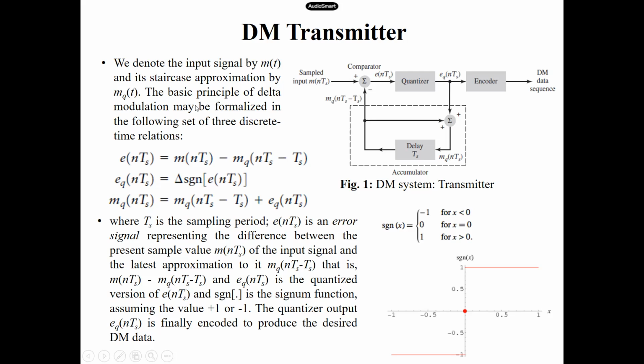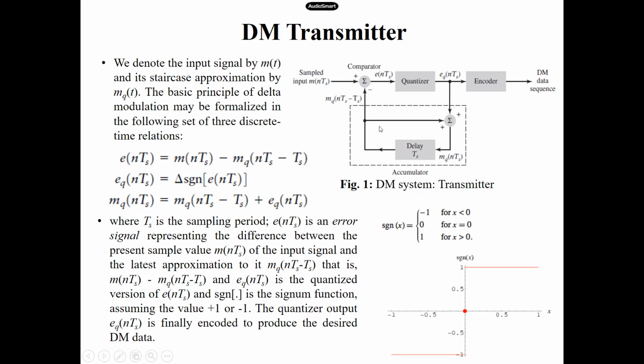The basic principle of delta modulation may be formalized in the following set of 3 discrete-time relations. e(nTs), which is the error signal, or the input to the quantizer, is the difference of m(nTs) with a delayed version of the output of the quantizer, where eq(nTs) can be written as delta times signum of e(nTs), and mq(nTs) equals mq(nTs minus Ts) plus eq(nTs).